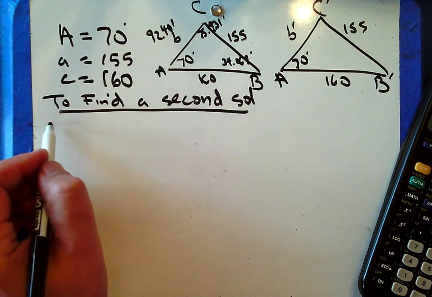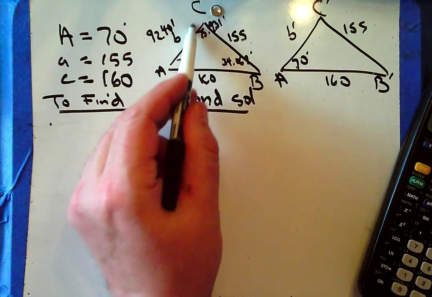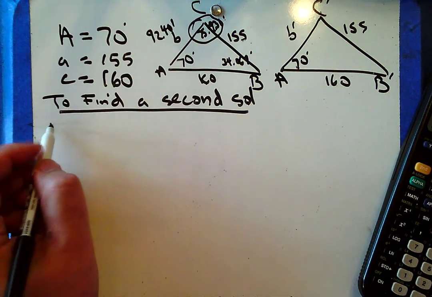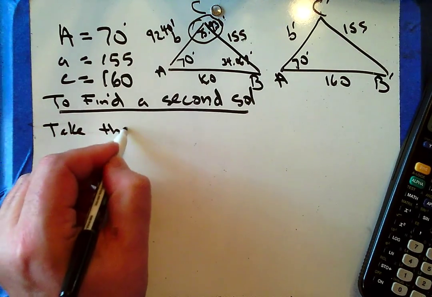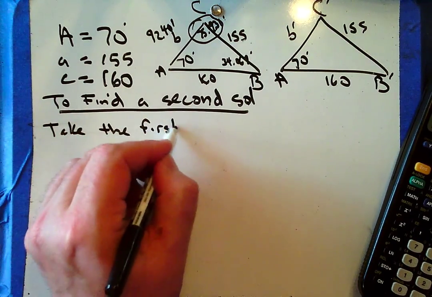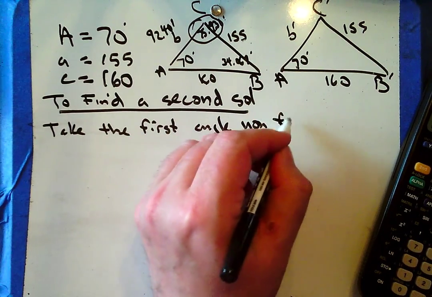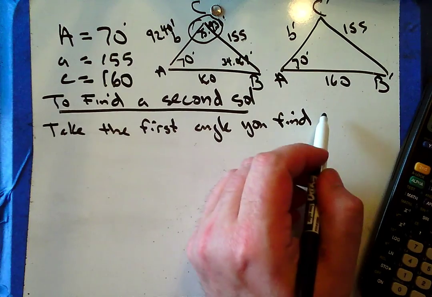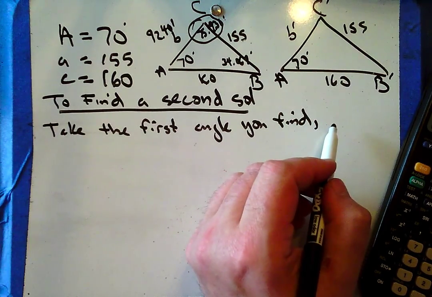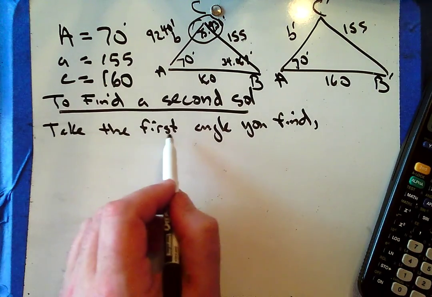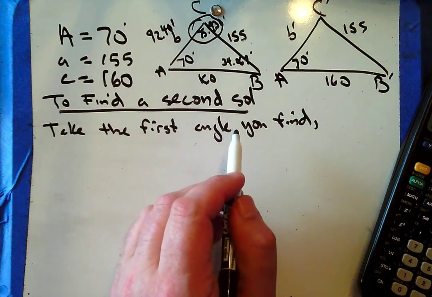Remember when we used law of sines originally, the first thing we did was find an angle. Take the first angle you find. In this case, it was big C. In other cases, it might be big A or big B. It's always going to be an angle that we find first in a side-side-angle situation.